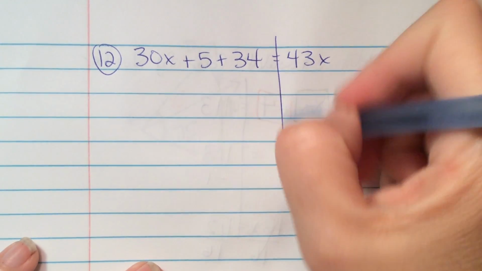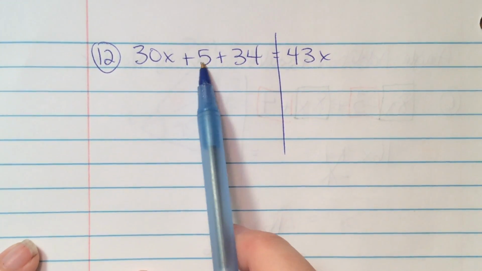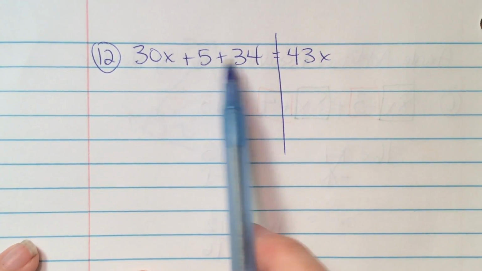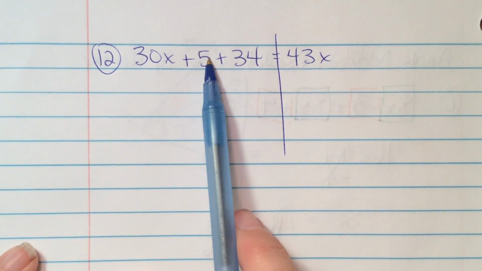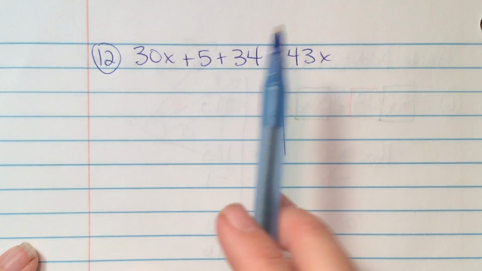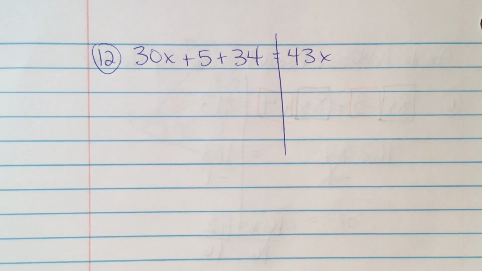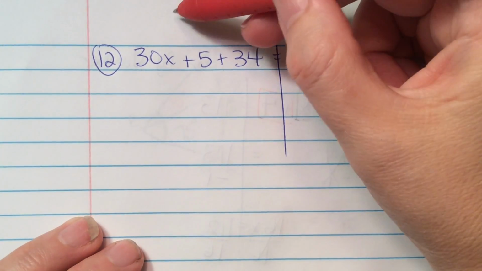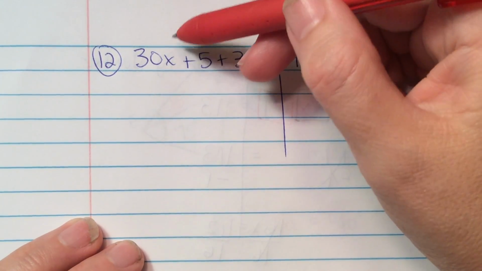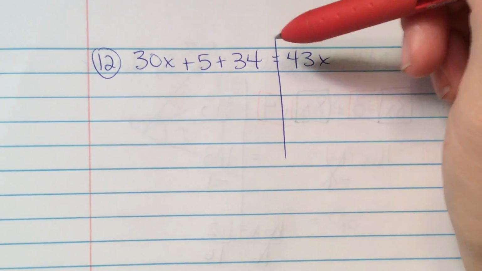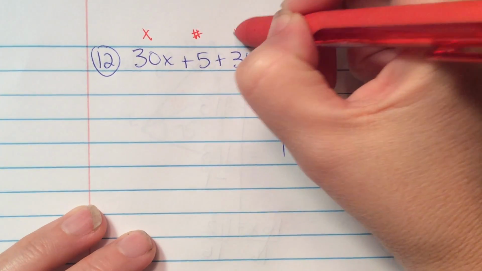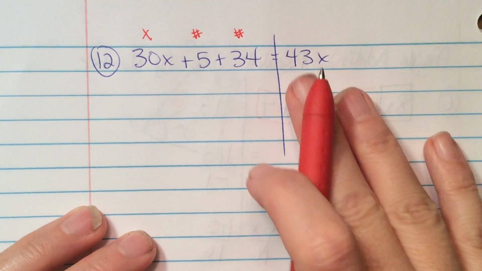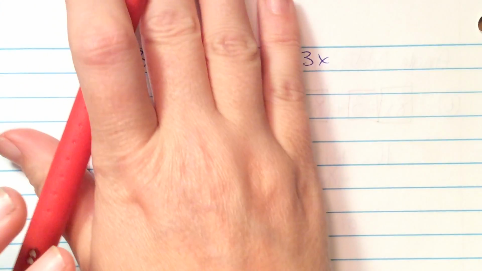Okay, the first thing I notice is that I have some combining like terms that I can do. 5 and 34 are both numbers, so I can put them together. And just to clarify, if I were going to classify, like this is a variable, a number, and then on the other side of the equation, I only have a variable.